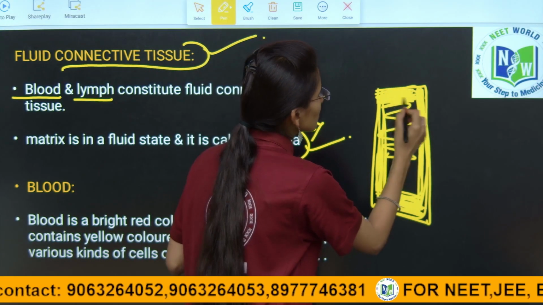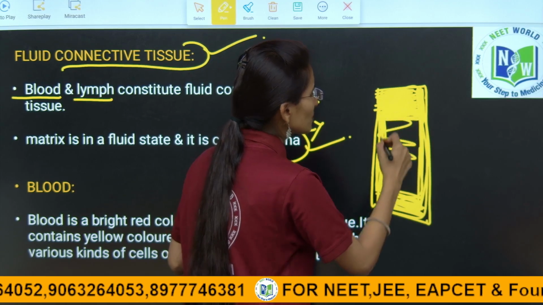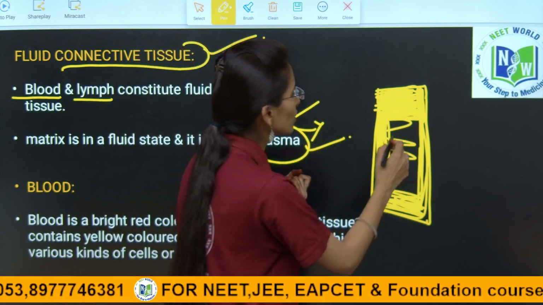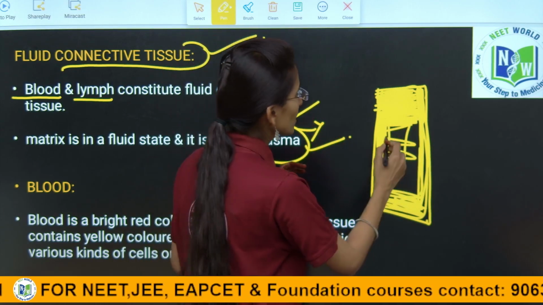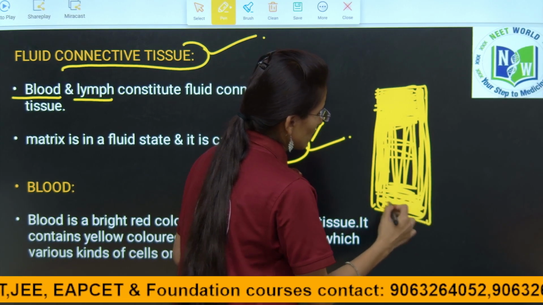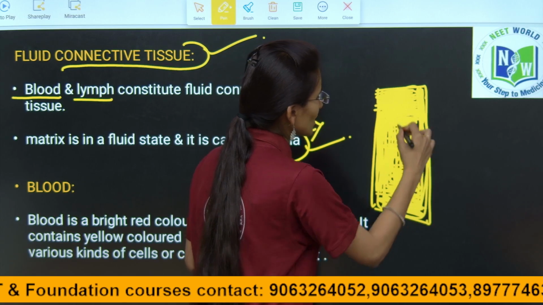Everything in this matrix is arranged very closely, and it is very rigid in nature, not arranged in a loose format. Clear? Just imagine this as a very rigid matrix.